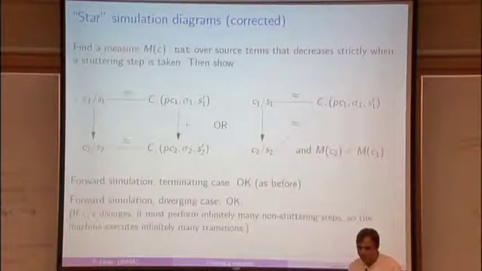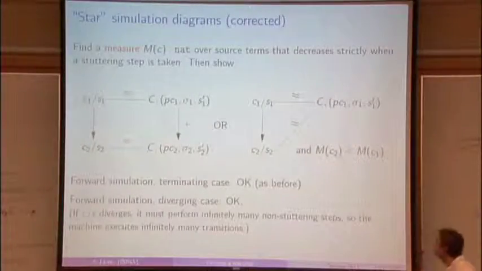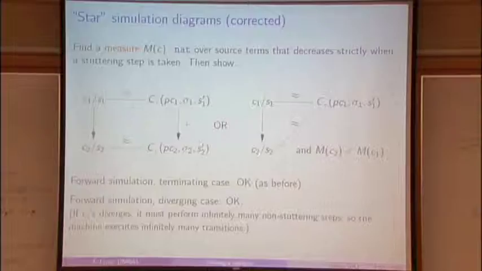The idea is to add a measure, for instance valued over natural numbers, over source terms, so that when we stutter, so when we have a reduction that corresponds to no transition of the virtual machine, then the measure decreases strictly, okay? However, in the other cases, we have no constraint over the measure.